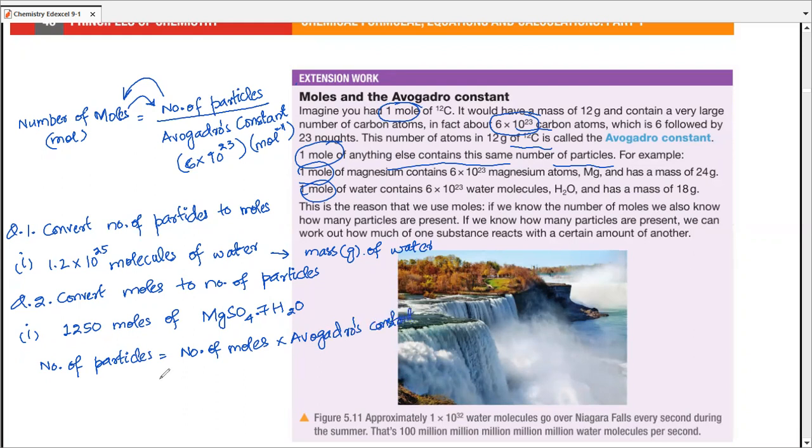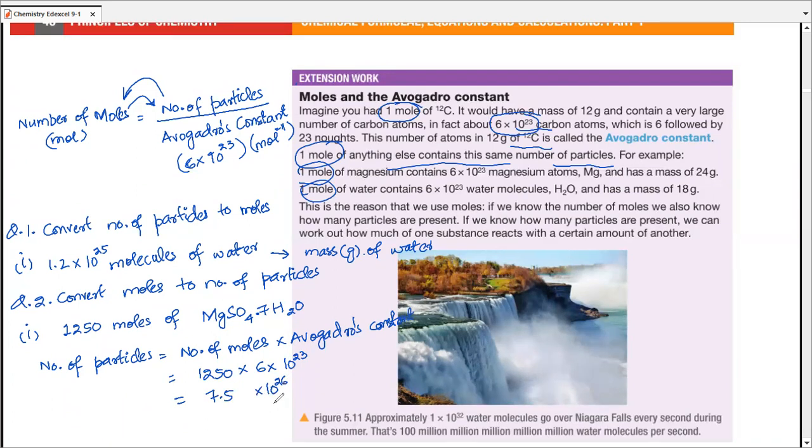All right. So what you really did right there was 1250 multiplied with 6 into 10 raised to power 23. So can you repeat your answer? 7.5 into 10 raised to power 26.